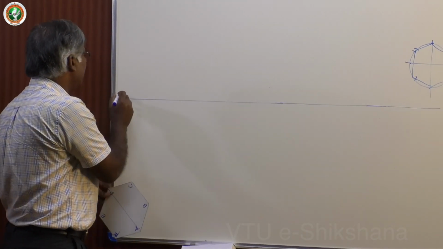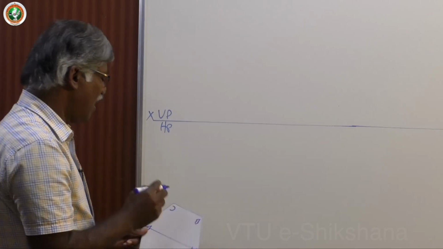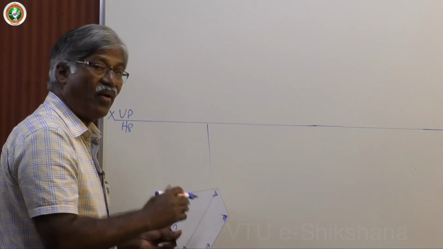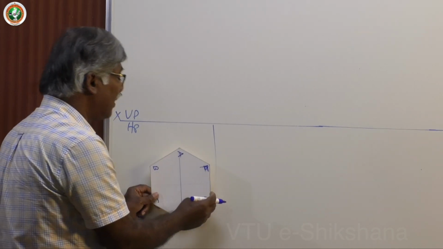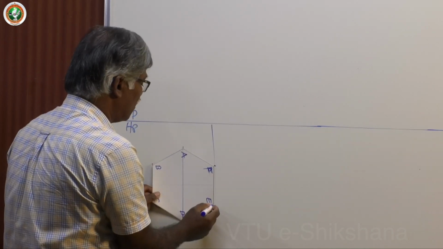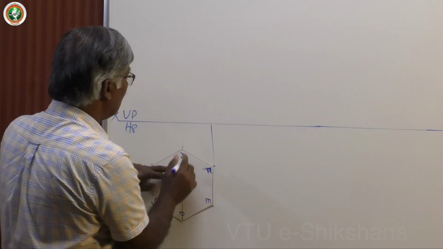Now let me have the reference line XY and a line perpendicular to it, and also to the right side. Even in this case both sides work for you. Okay. Now assume that I am keeping this according to the requirement.